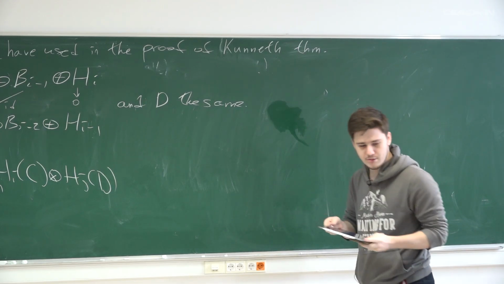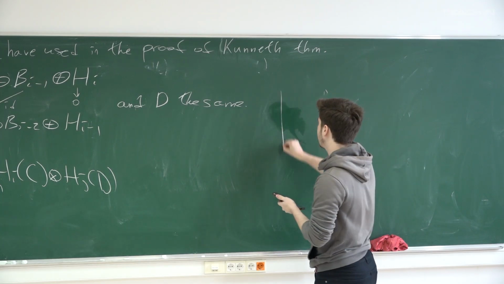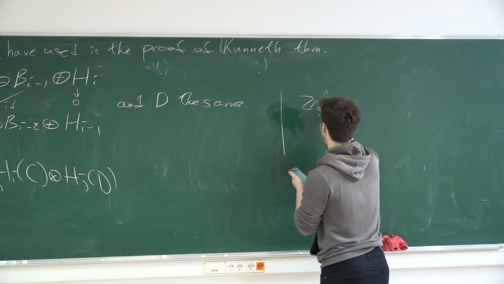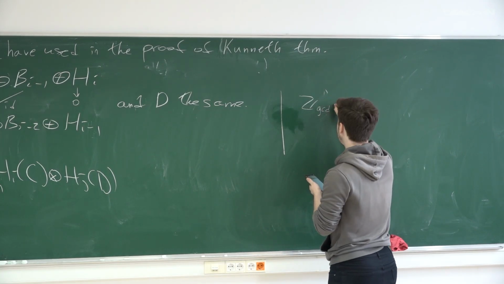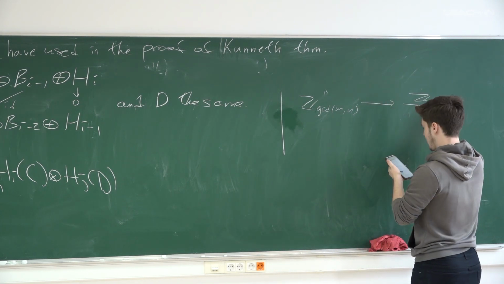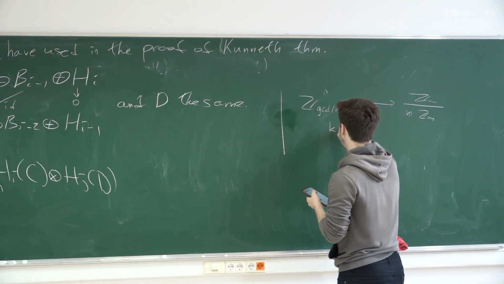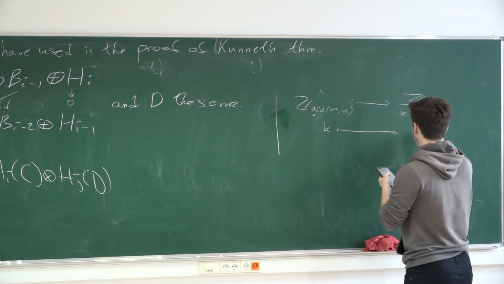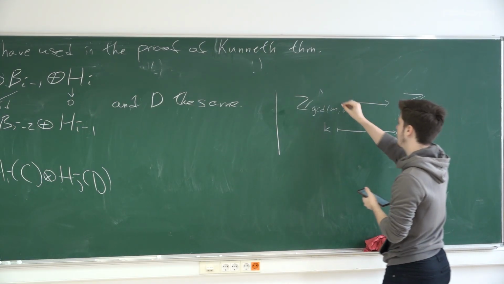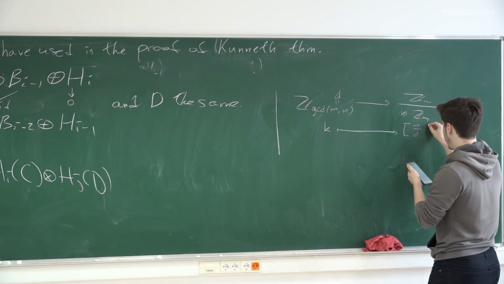So in extensions, we had an isomorphism map like this: GCD of m and n goes to Z_m modulo n Z_m. And I wrote that these maps go like this, by d, where d is this, d times k.